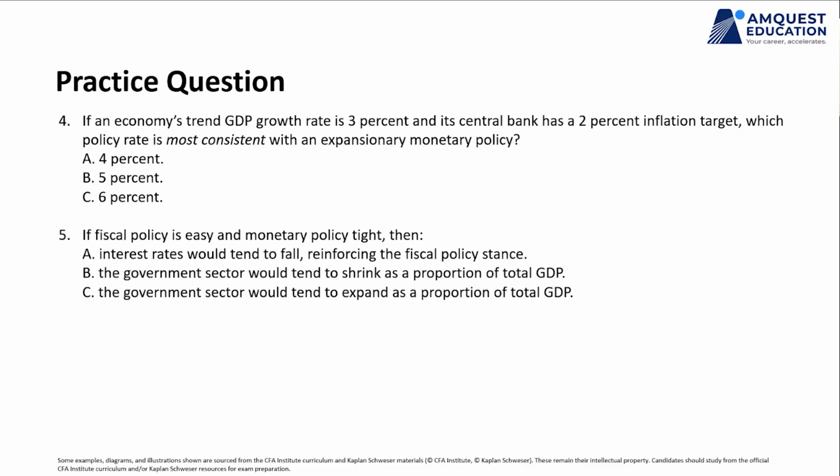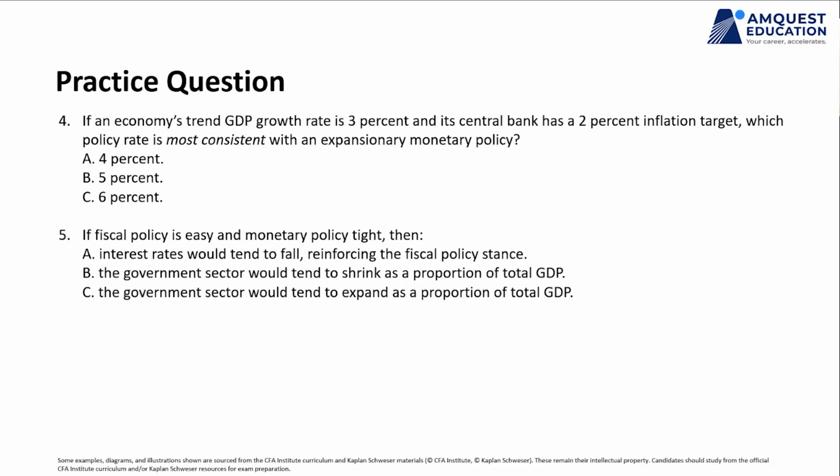If an economy's trend GDP growth rate is 3% and the central bank has a 2% inflation target, which policy rate is most consistent with an expansionary monetary policy? So they will be expansionary. What's the answer? GDP is 3%. What do you think the answer could be?